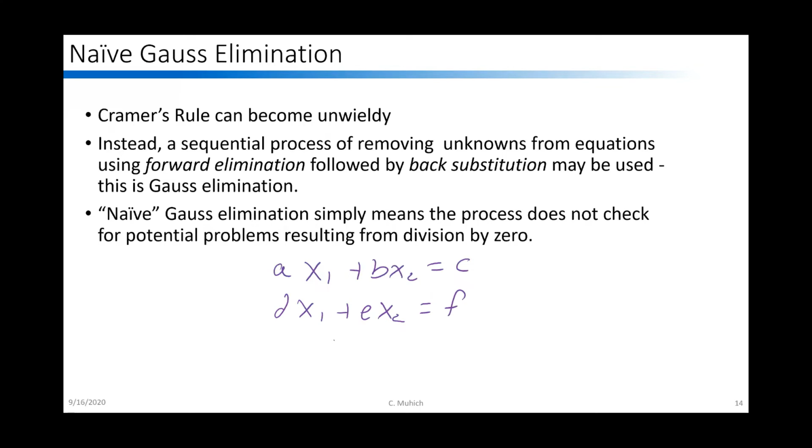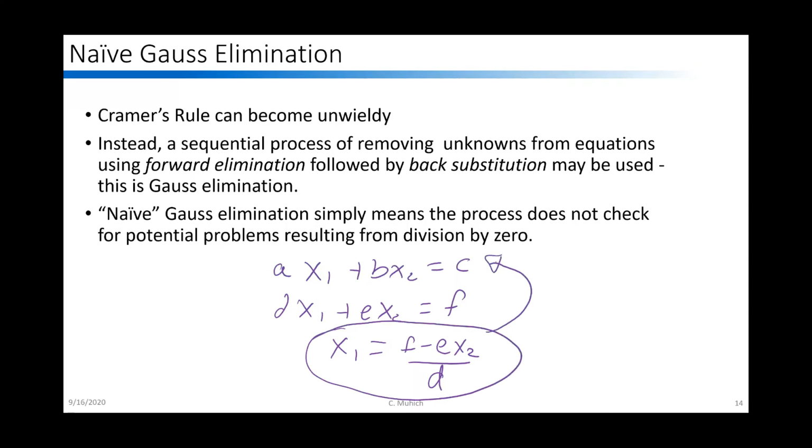If you remember, we solved for first x1 in terms of x2, and then we would take this value and plug it into the first equation to solve for x2, and then we could back solve into the second equation.